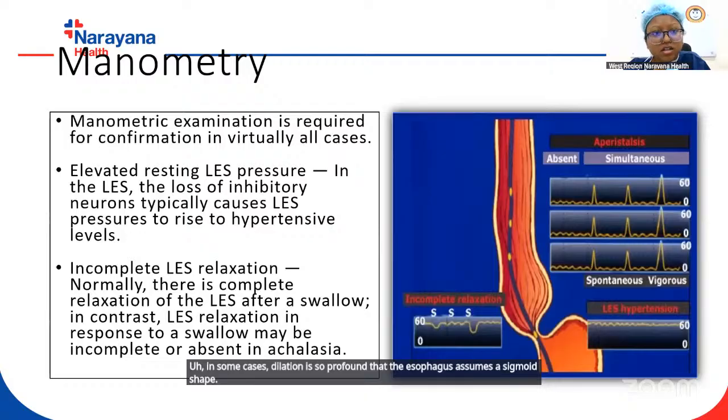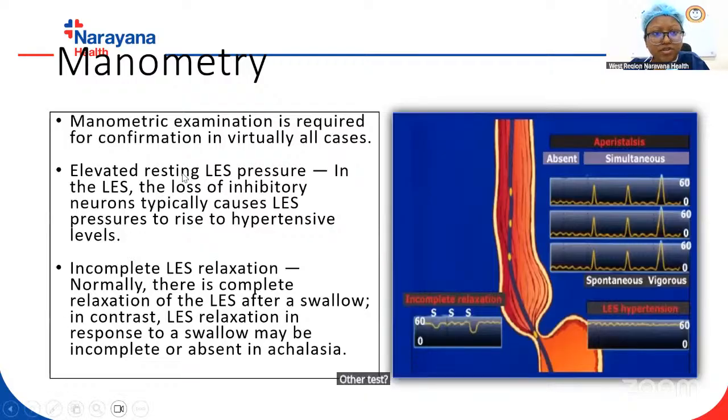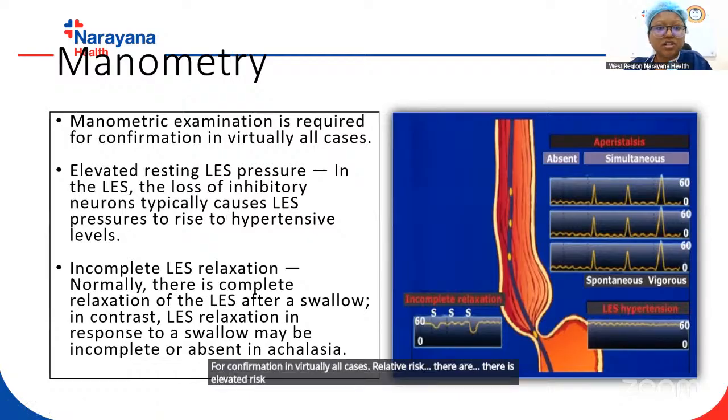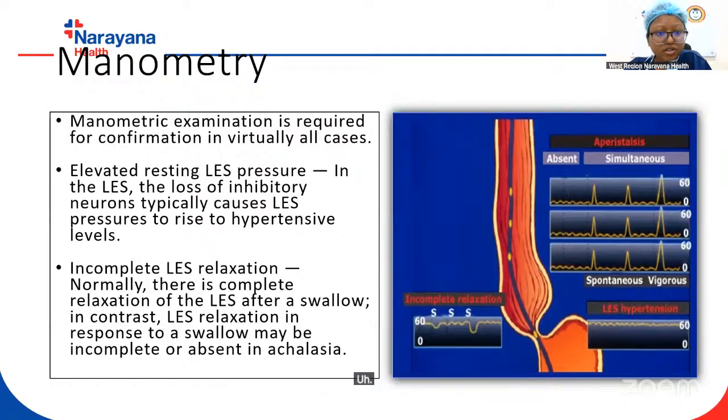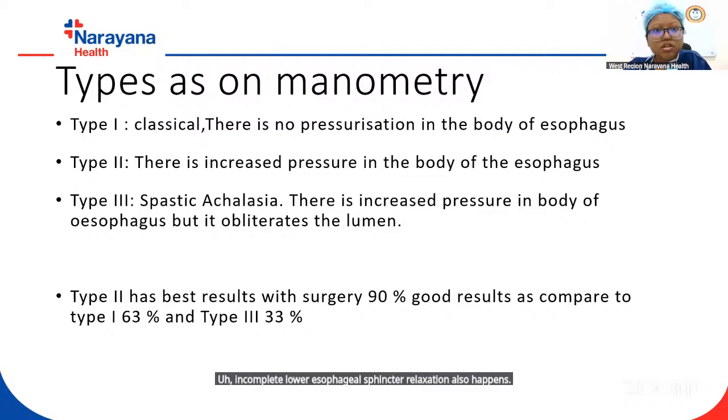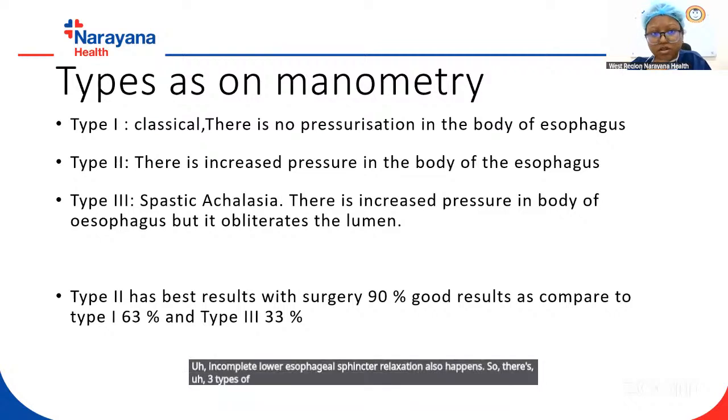Other tests include manometric evaluation for confirmation in virtually all cases. There is elevated resting lower esophageal sphincter pressure. Incomplete lower esophageal sphincter relaxation also happens. There are three types of achalasia as per manometric study.